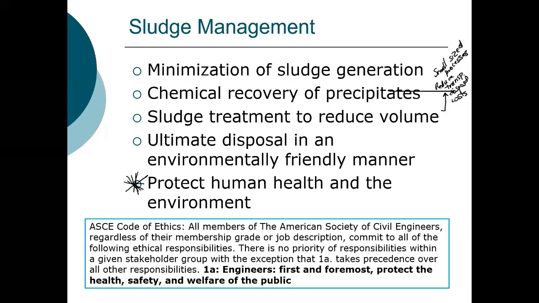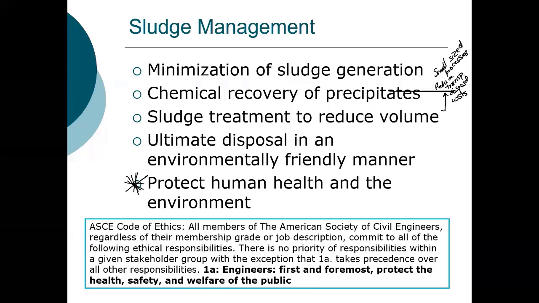And I've included here the ASCE Code of Ethics. They have been recently revised and repackaged, but what used to be called Canon 1 is now 1A, and that is civil, and this is ASCE, but applies to environmental engineers as well as civil engineers, and it's really across the board.